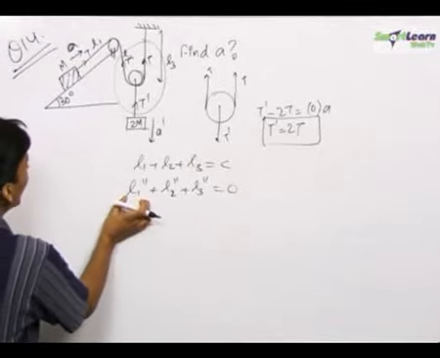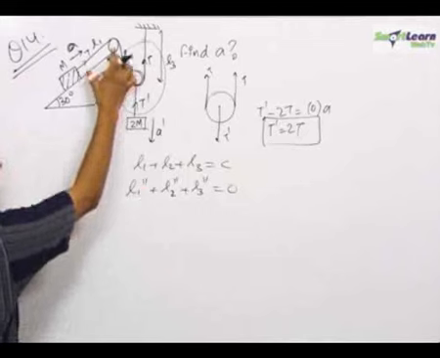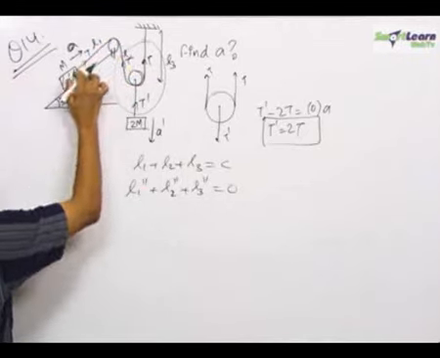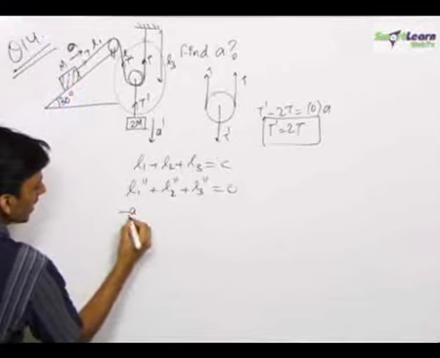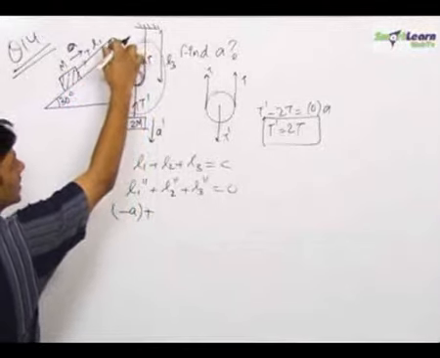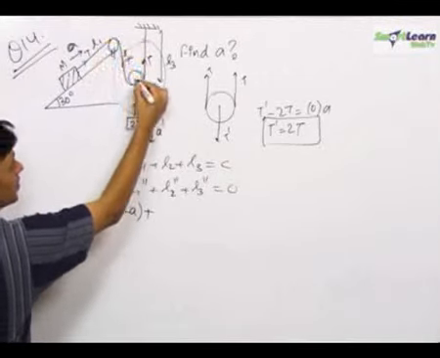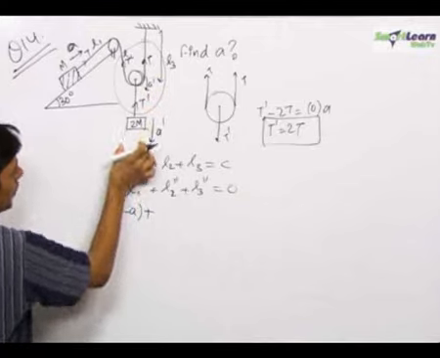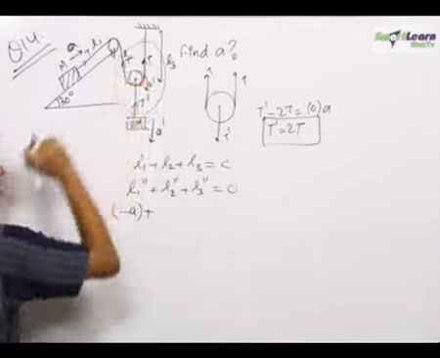Now L1 double dash is the acceleration with which this length of the string changes. Now this pulley is fixed, therefore this changes with minus A. L2 double dash: this pulley is fixed, but this pulley moves with A dash because this mass is moving with A dash, and this is one string.